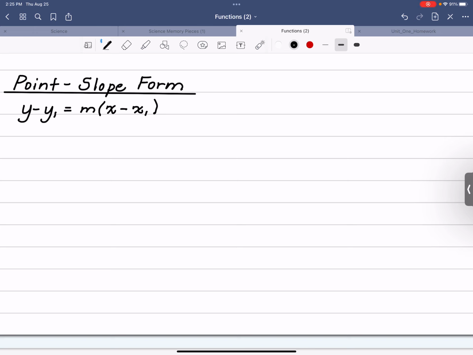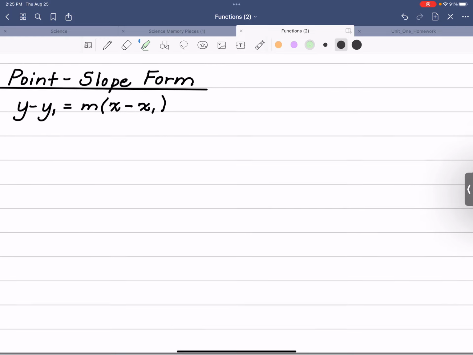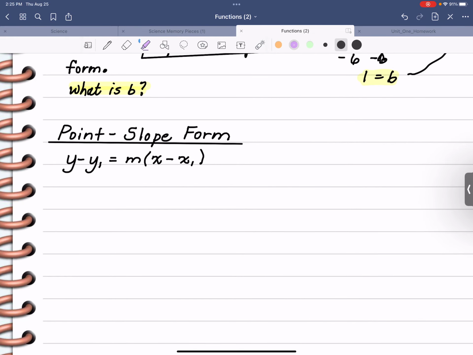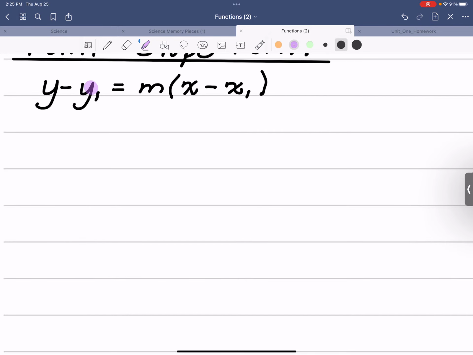So if my professor tells me to put an equation in point slope form, this is the pattern she's wanting me to use. Now, before we go any further, I want to call your attention to something. Namely, this fella and this one, this one and this one, look at the difference there.